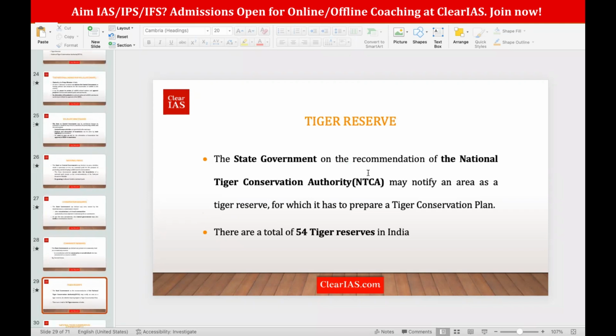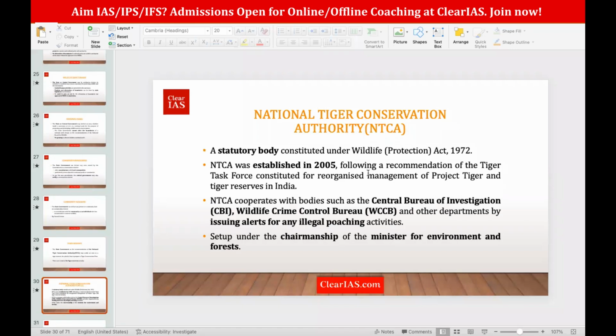Then there is the tiger reserve, where the National Tiger Conservation Authority recommends that the state government declare a tiger reserve. There are now 54 tiger reserves. You must look into the latest ones, such as Manipur in UP. The National Tiger Conservation Authority is also a statutory body under the Wildlife Protection Act, and it mainly looks into illegal poaching and illegal trade activities with regard to national parks or tiger reserves.